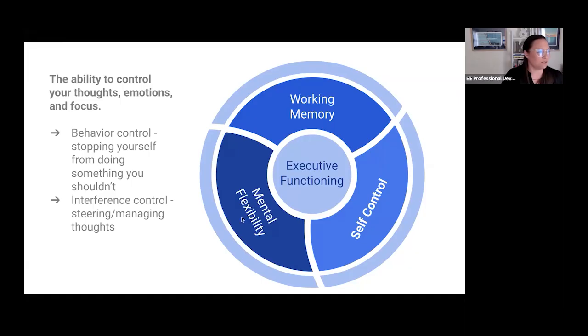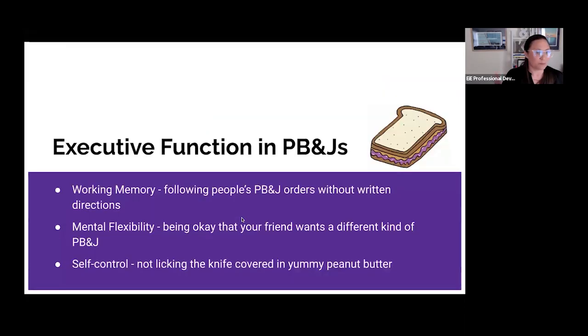So let's take a look back at that peanut butter and jelly example one more time, right? The working memory would be being able to follow those different peanut butter and jelly orders without having written directions. So not having a recipe in front of you. It's just in your mind. Somebody's told you what they want: peanut butter on both sides, jelly in the middle, cut down the diagonal, done. You remember that, you're able to complete the task.